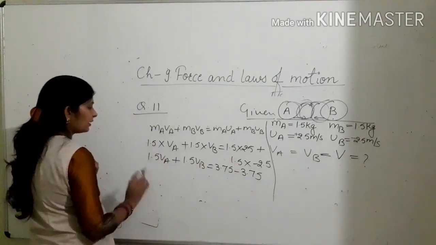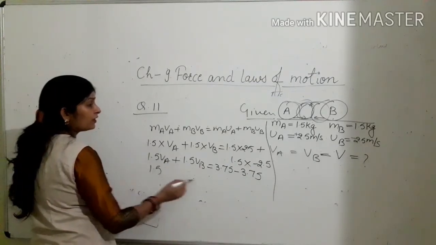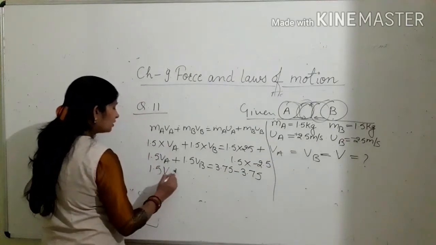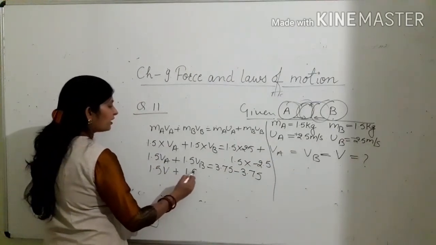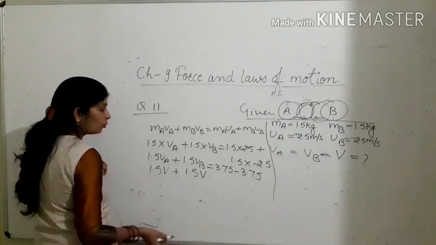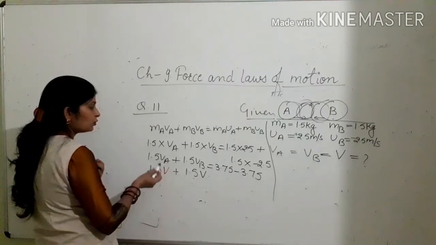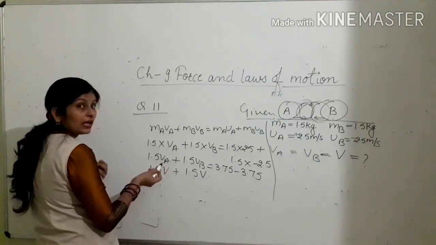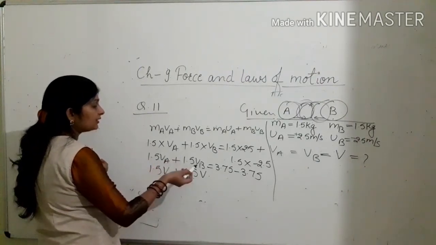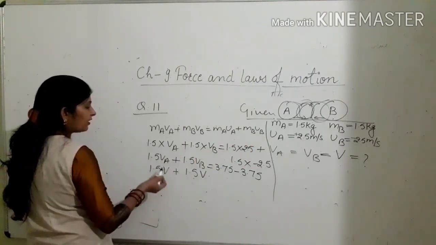In place of VA we can write V, plus 1.5 VB, we can write V. Why? Because VA and VB are equal to each other. So we have considered them as equal to V. So in place of VA and VB, we can write V.